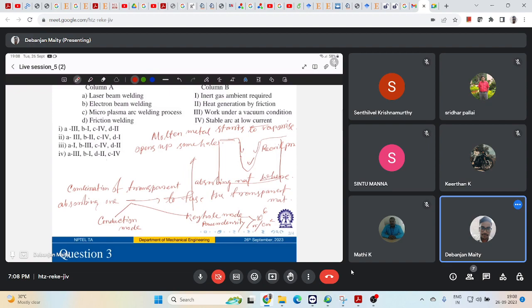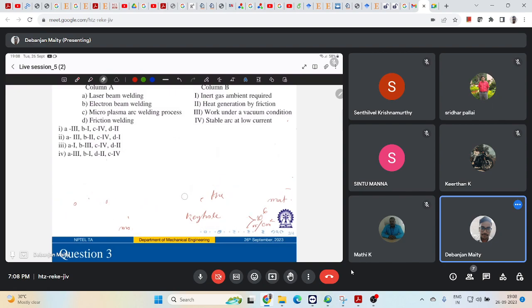So in pulse shaping, you can use some kind of profile like this, upslope at the beginning and then downslope at the end. Why do you want to use upslope at the beginning?